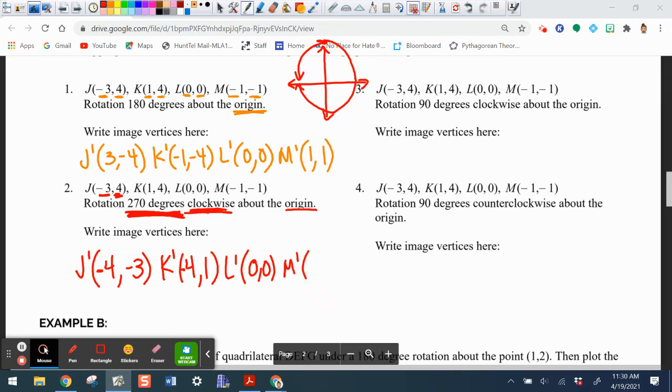M prime, now you're not going to really see anything switch at first because these are the same x and y value, but trust that we are doing that, -1, -1, and then change this first sign to a positive. So you can just erase the positive there. I like to go ahead and just put a +1 just so I know that I changed the sign. So let's graph these 4 points.